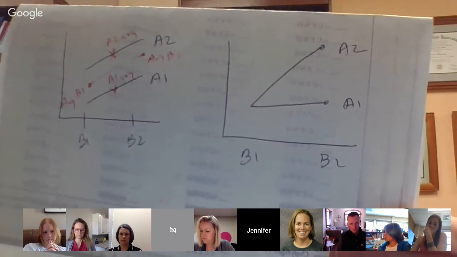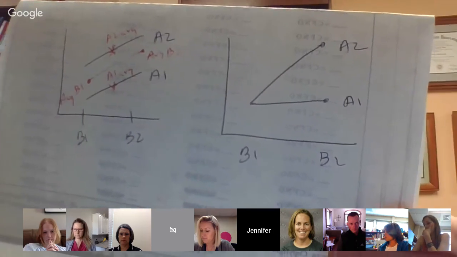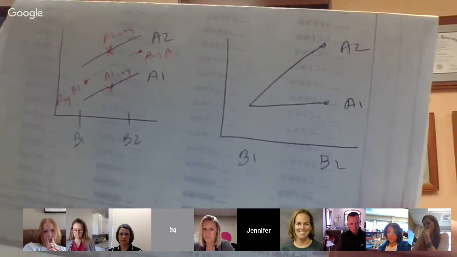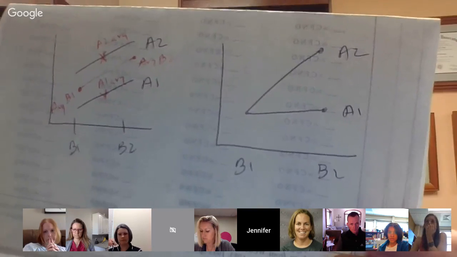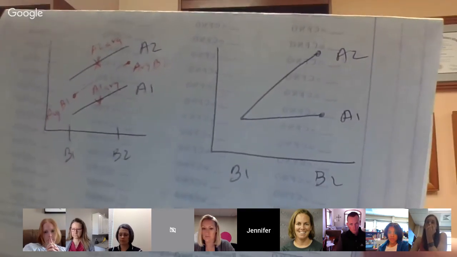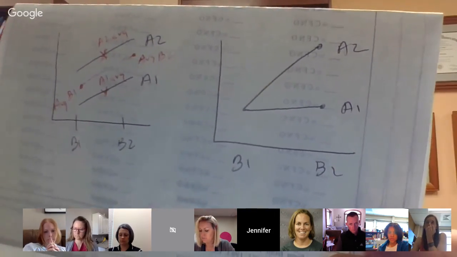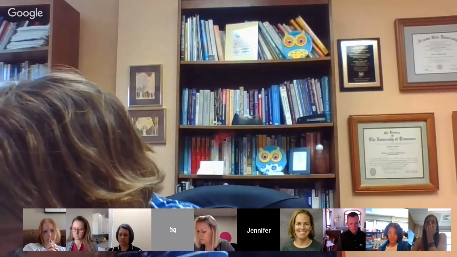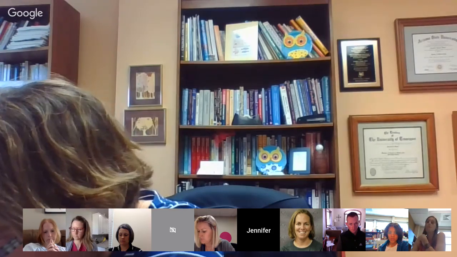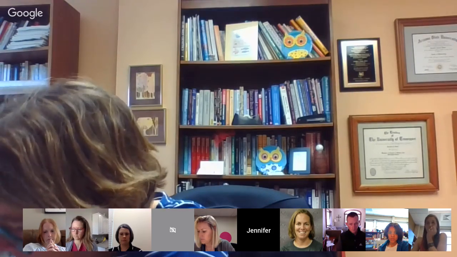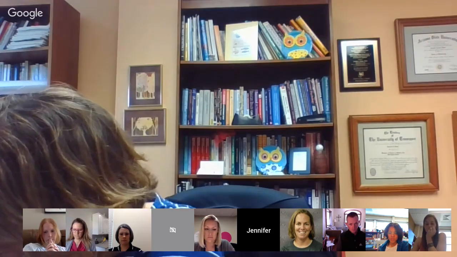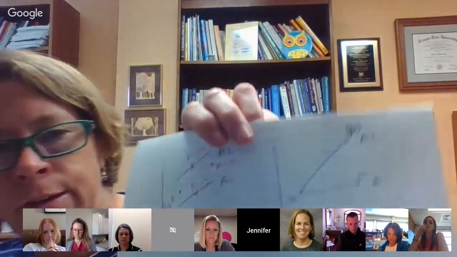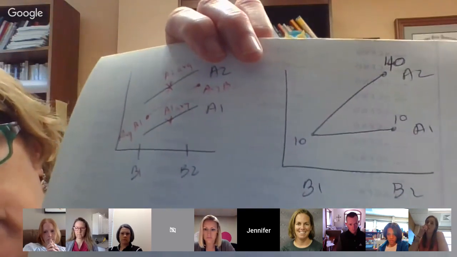Now, whether or not there's a main effect for B and a main effect for A, you have to do some calculations. You can add in fake numbers if that's easier than doing it spatially the way I was showing. So I just added in some fake numbers.